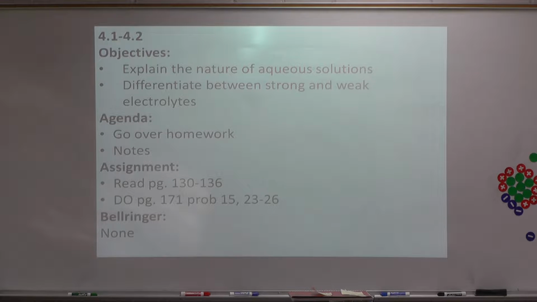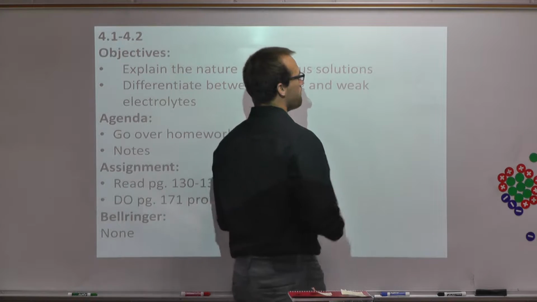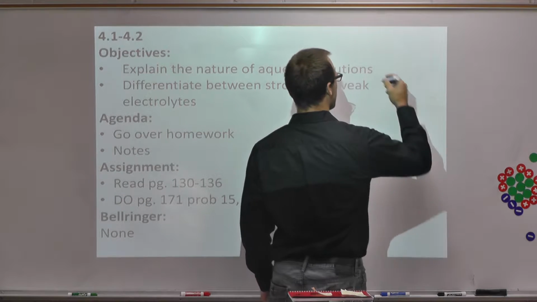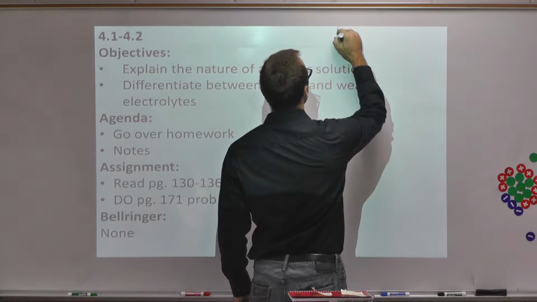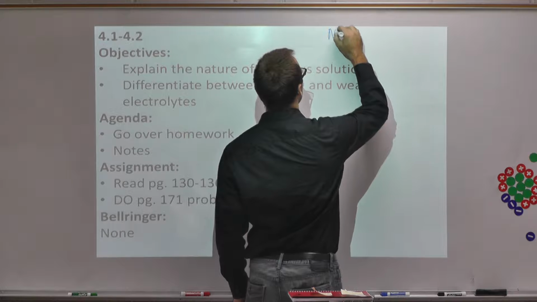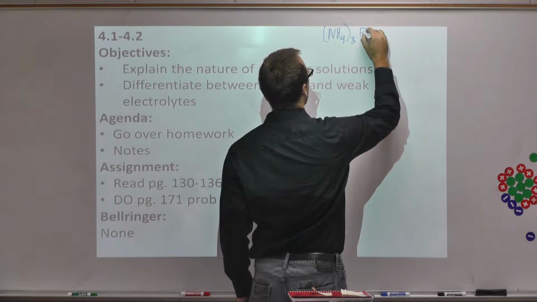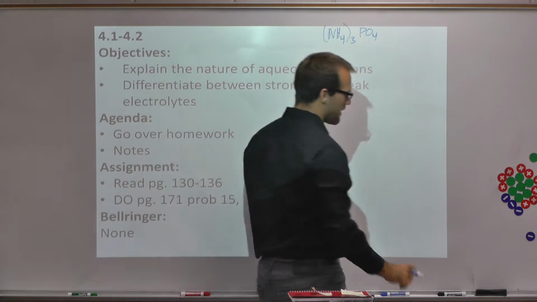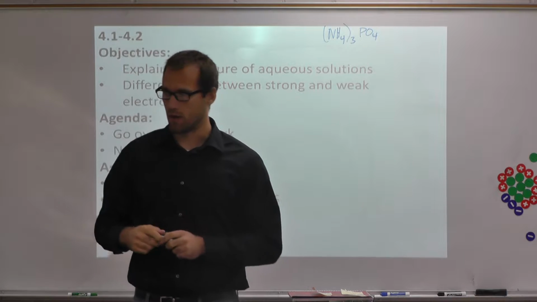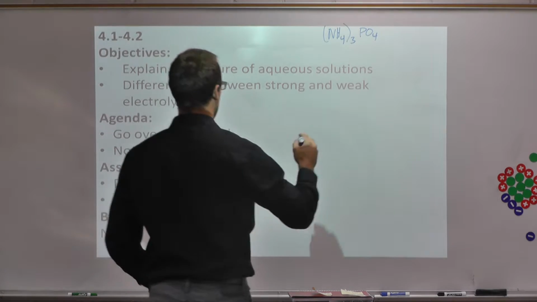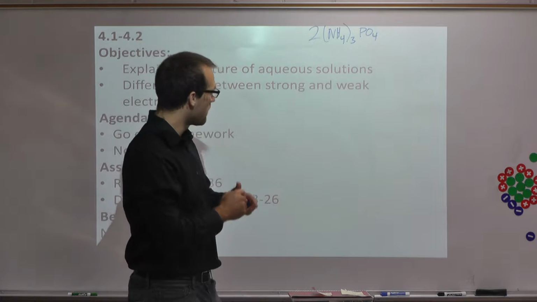What I mean by that is knowing things like, when I have a substance that looks like that, and I know that it completely dissociates, what it would mean as far as what it would break down into.